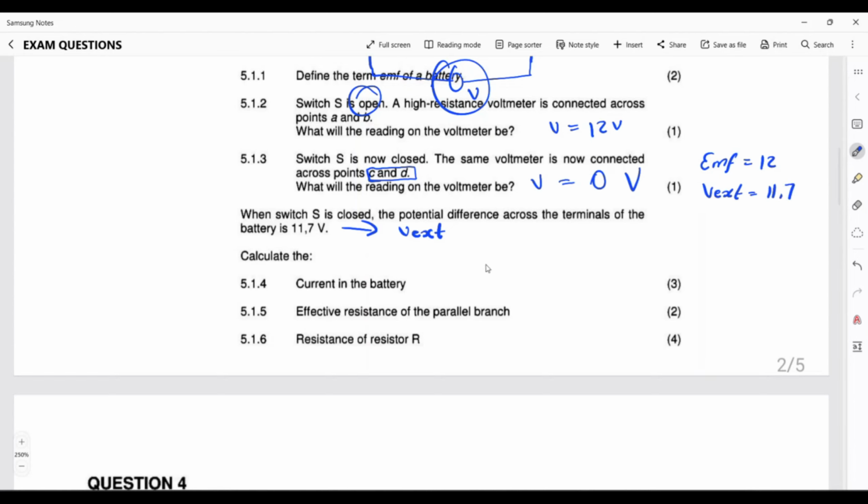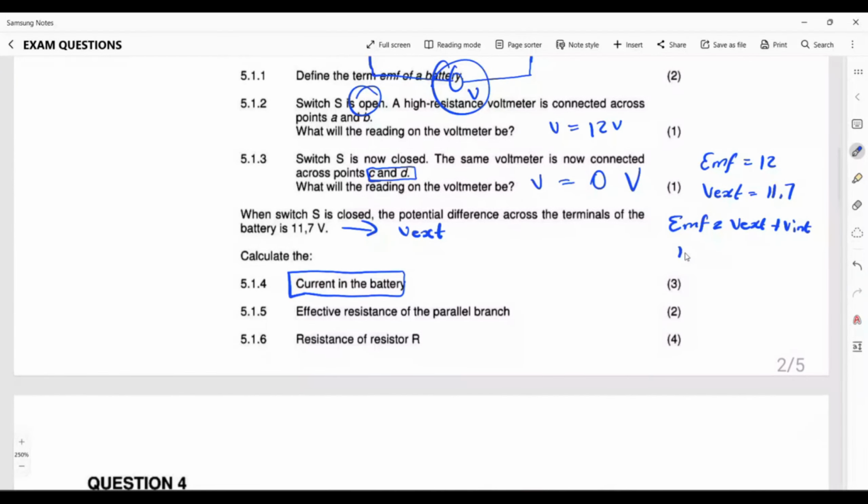The first question wants us to calculate the current in the battery. Don't forget that EMF is equal to V external plus V internal. How are we going to see that 11.7 is V internal?